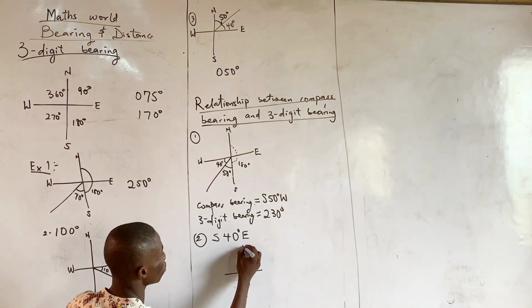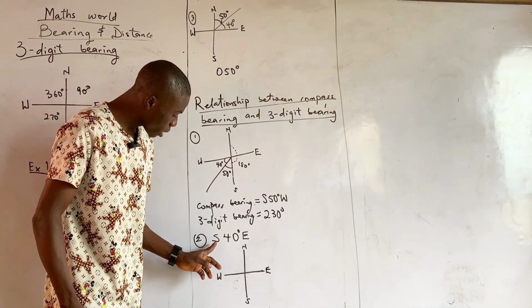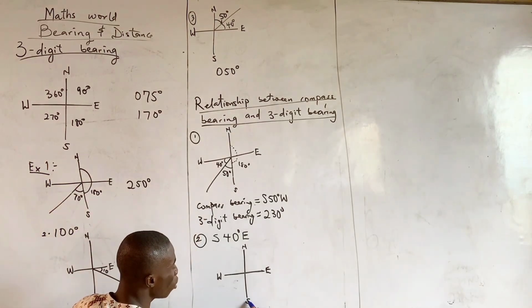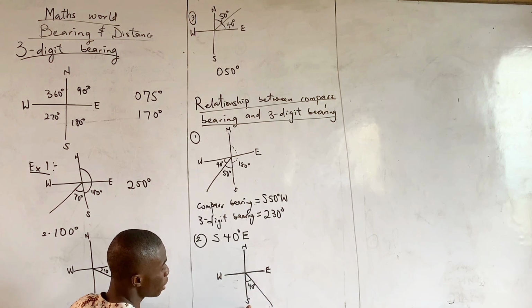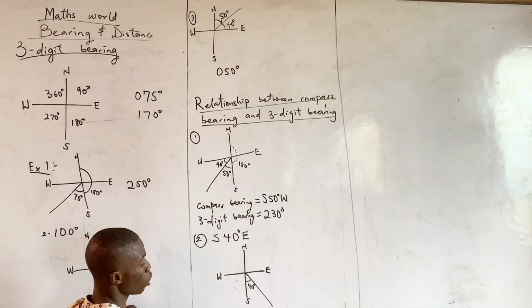Let's represent it. We can see that they say south going to east by 40 degrees, which means from my south going to east is 40 degrees. I can draw something like this. Here will be 40 degrees. South going to east by 40 degrees. That's what it actually means.